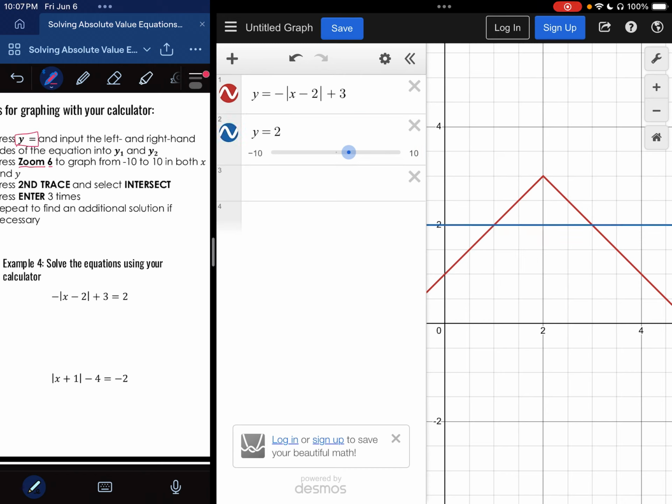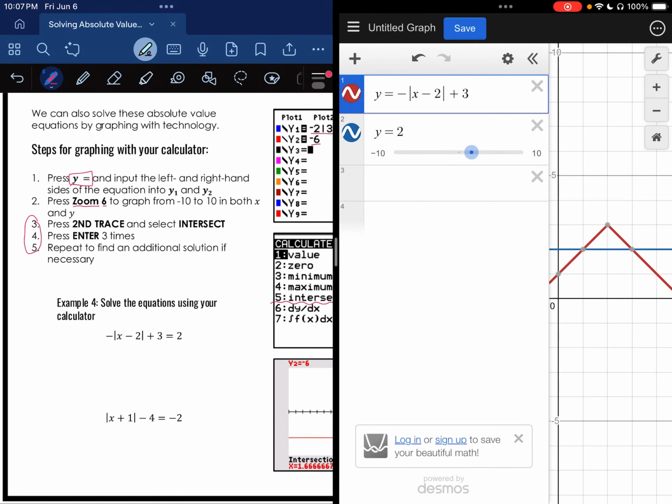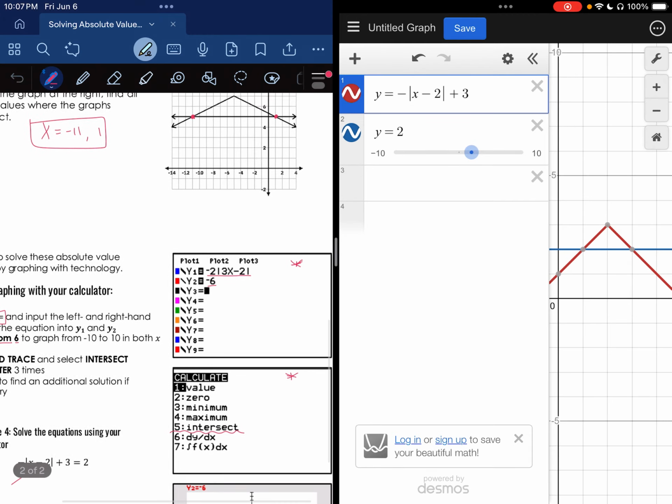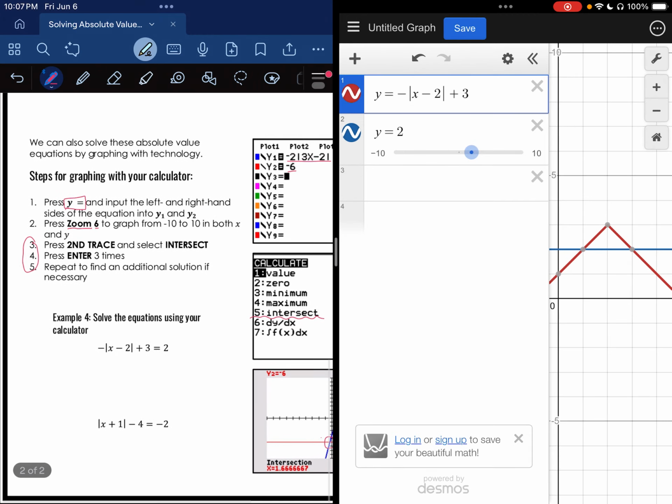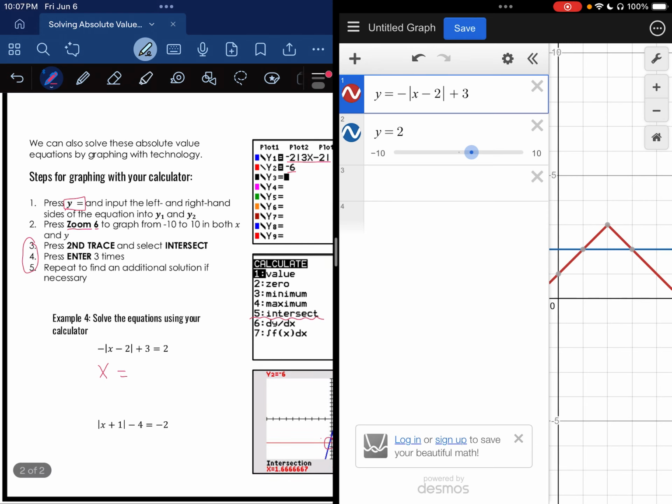If I click on this, it shows you some gray points already. It's like, hey, I bet you want to know these values here. And sure enough, we do. So just like that, I could pull up those solutions. So for this graph here, whoa, craziness, we've got x is equal to 1 and 3.